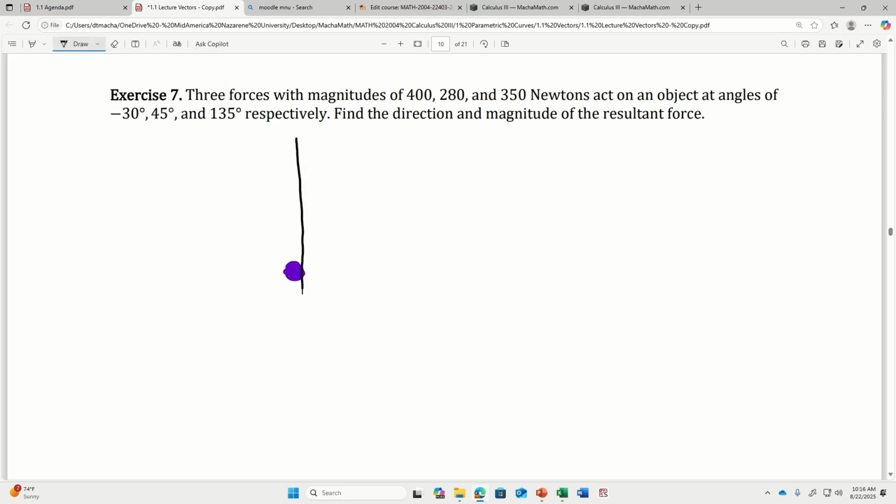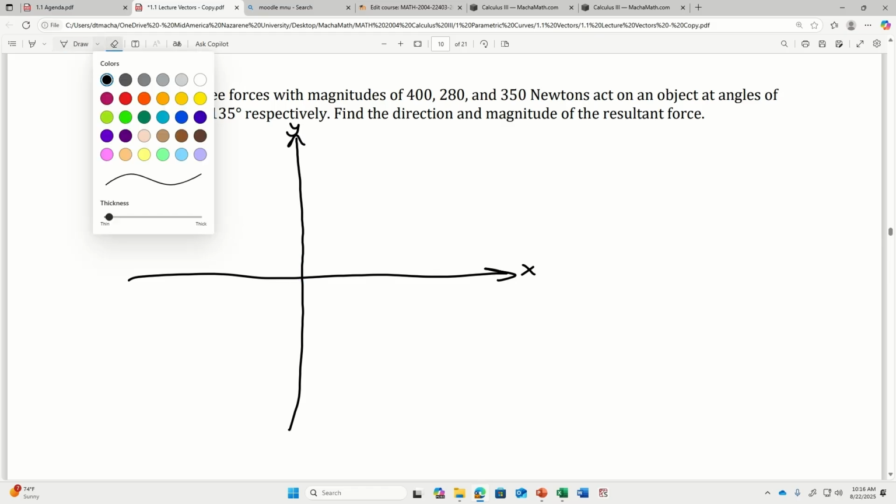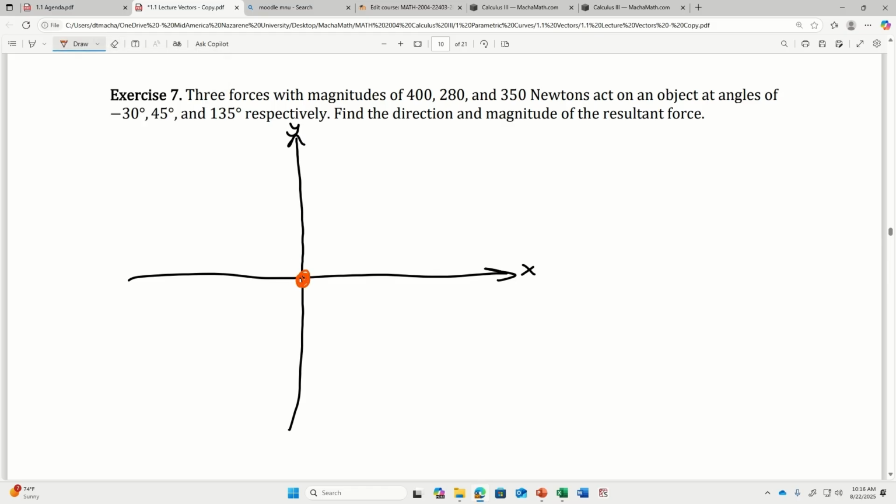Let's say that my object is lying at the origin. Let me scoot it over. There's my object. Okay, so one of them is at negative 30 degrees. If it's acting on it at an angle of negative 30 degrees, I'm thinking about like right here. That looks like negative 30.